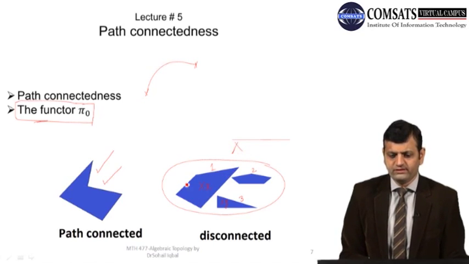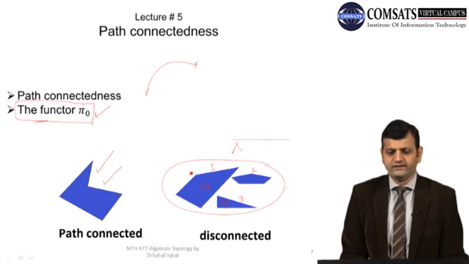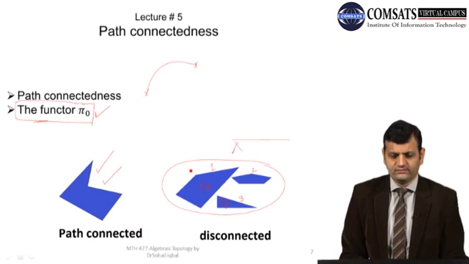The biggest set which is path connected is one path connected component of X. So in this case there are 3 path connected components. Now this functor pi naught helped us to find the number of path connected components of a topological space X.